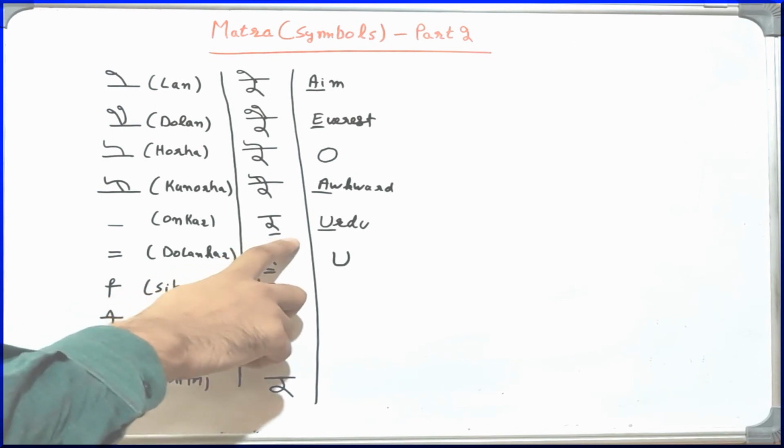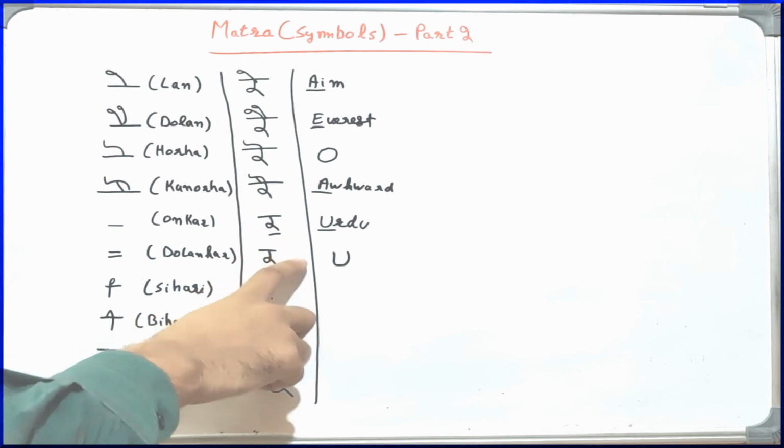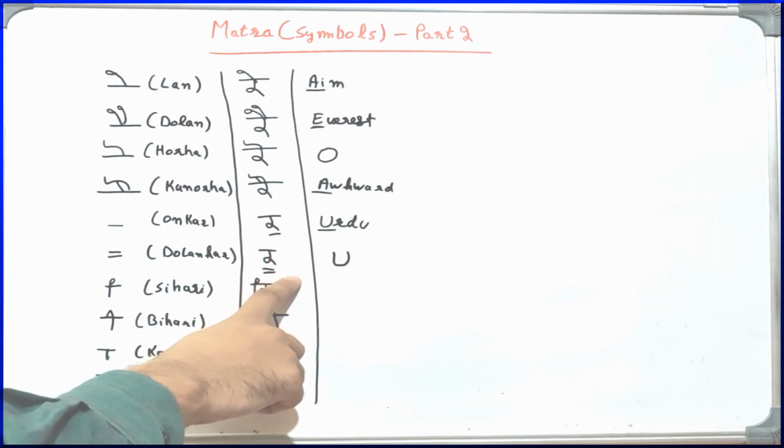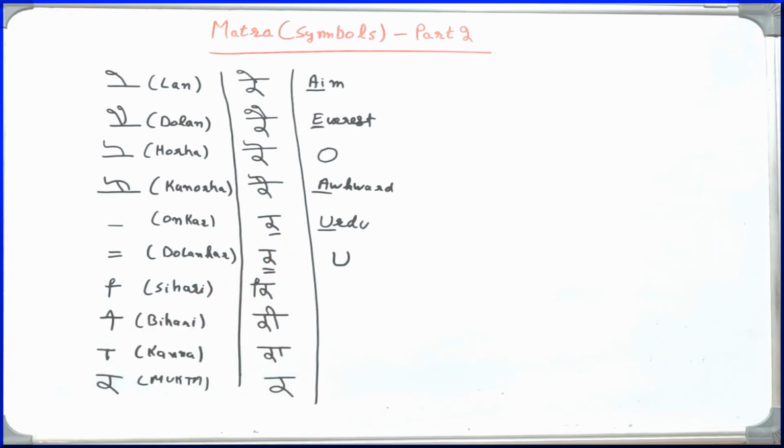Here it was ku, and here it is koo. When you pronounce Aunkar, you are not going to pronounce it for a long time. You have to cut the sound short. U. And for the Dulankar, it will be oo. First is short, second one is long. Then we have Sihari. We can represent the Sihari with this example.